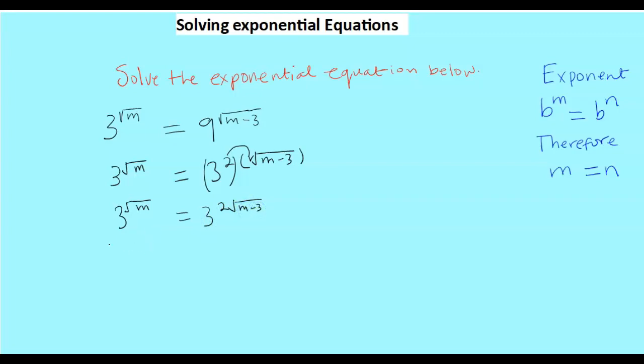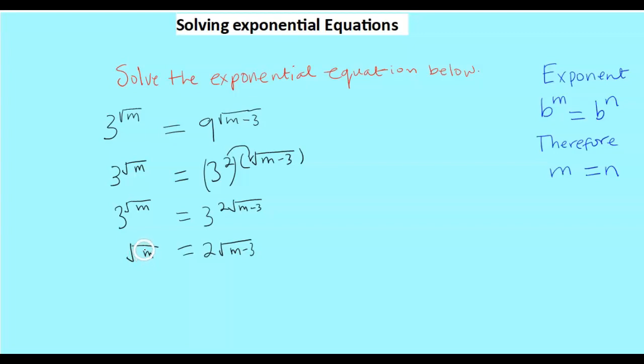Now let's equate the powers. So here realize that we got a radical equation or surd equation, and we have covered that lesson too. The steps are that we have to isolate the radical or the surd, but here it is already isolated.